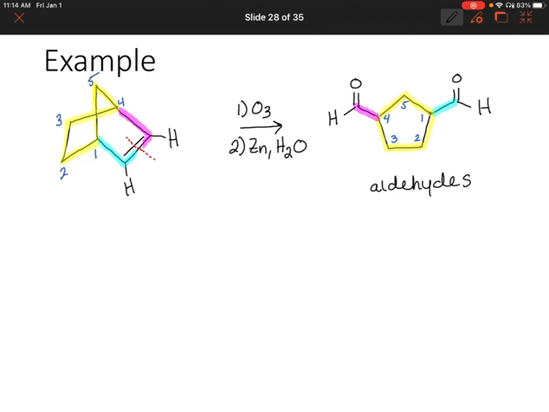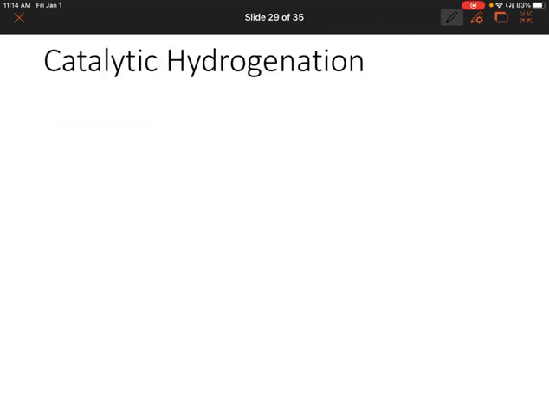Okay, so let's move on to catalytic hydrogenation. All right, so this is a very useful process that will convert an alkene to an alkane. So we're going to take a double bond and turn it into a single bond.